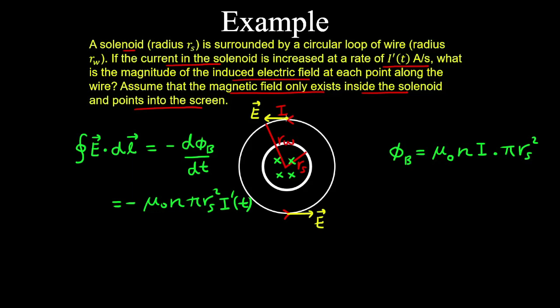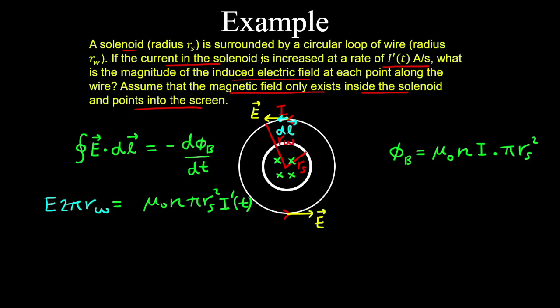So therefore the electric field vectors are always in the same direction as the differential length vectors along the path. So therefore this integral evaluates to E by the length of the circular path, which is 2 pi by the radius of the wire. And we're asked for the magnitude of the induced electric field, so we take the absolute value, getting rid of this negative sign.